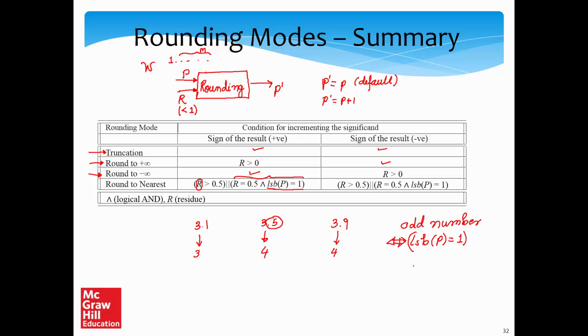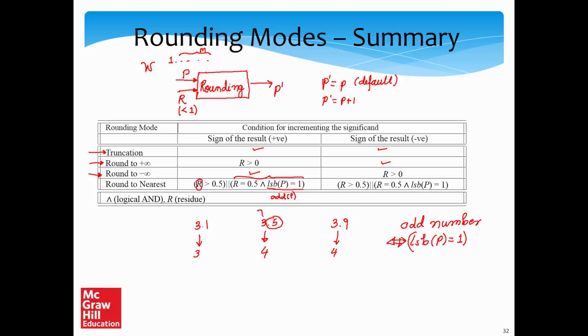And the reason is very simple: in this binary notation, which is a sum of powers of 2, for an even number its least significant position has to contain 0, because the rest of the positions are powers of 2, multiples of 2 essentially. And for an odd number, the least significant bit position should be 1. So what we are essentially checking here is that p is an odd number.